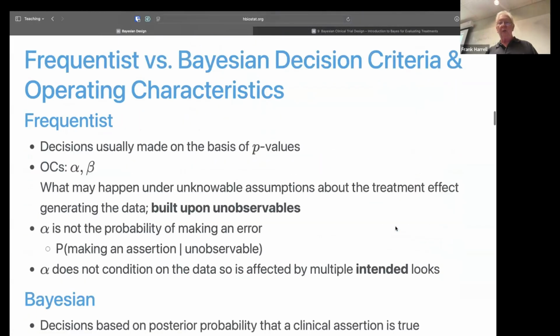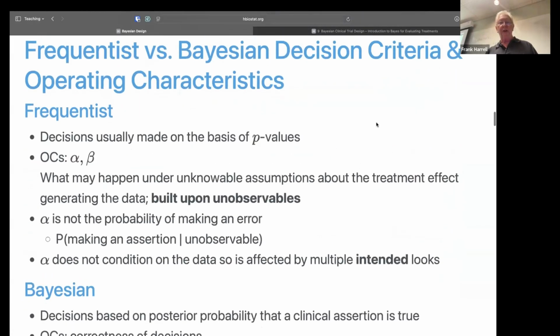So now, what are the features of the different paradigms? The frequentist paradigm is usually using p-values. The operating characteristics everybody seems to care about are really strange conditional probabilities. They're conditioning on unknowable quantities, which is a very strange thing to condition on.